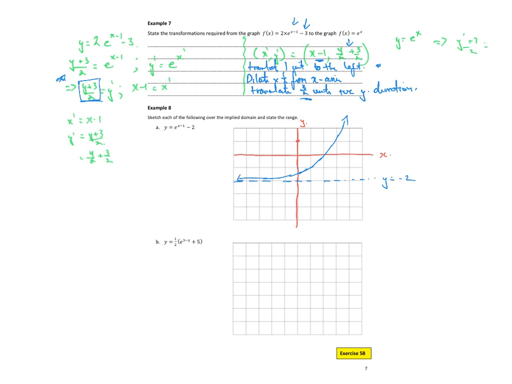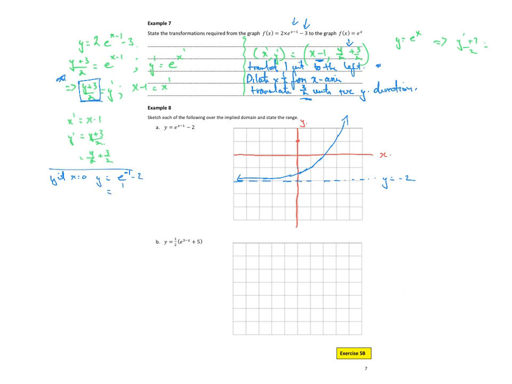Each of the following, it doesn't say to find intercepts, so I put it right through the 2. So let's just check to find a y-intercept and an x-intercept. Y-intercept, let's put x equal to 0, and if x is equal to 0, y is equal to e to the -1 minus 2.